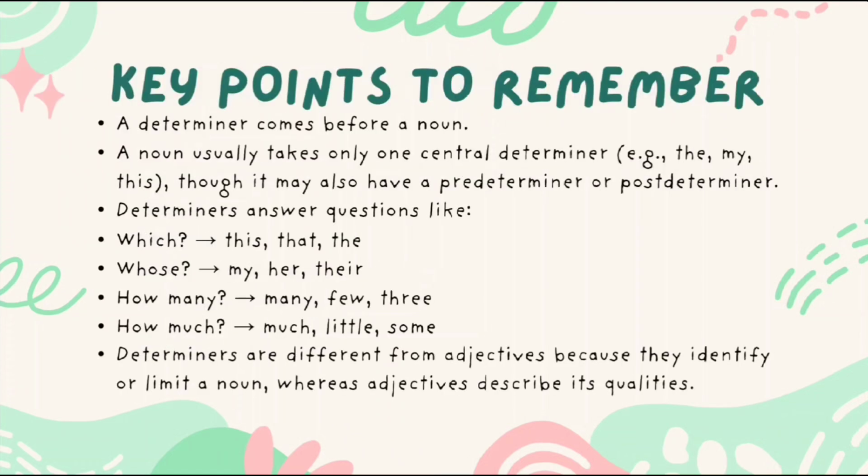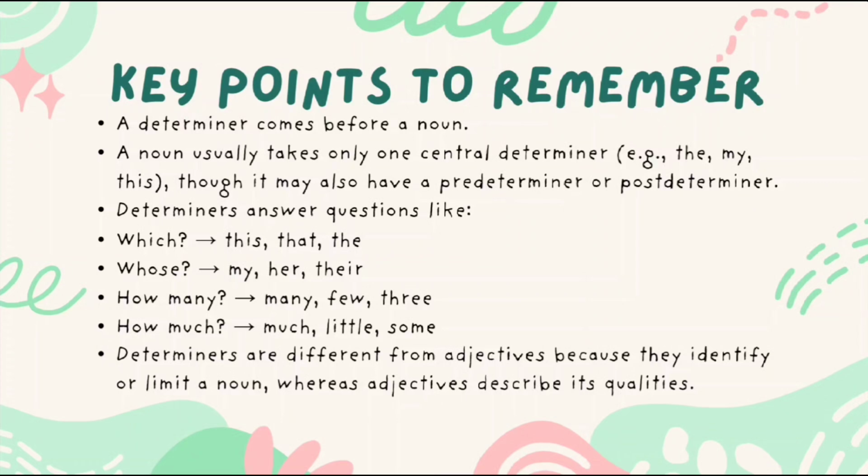Now let's remember some key points about determiners. First, a determiner always comes before a noun. It introduces the noun and makes its meaning more specific. Second, a noun usually takes only one central determiner, such as the, my, or this.